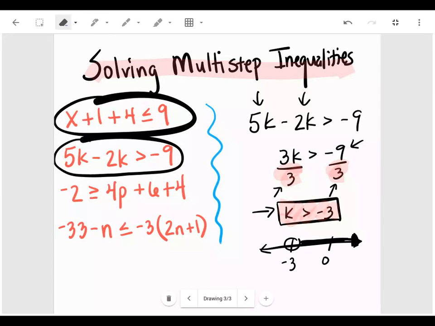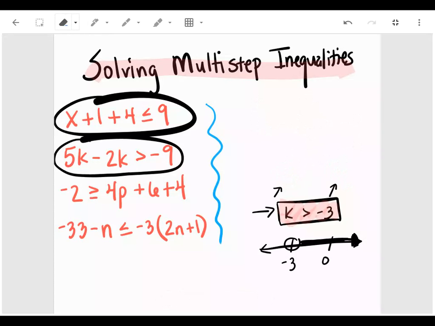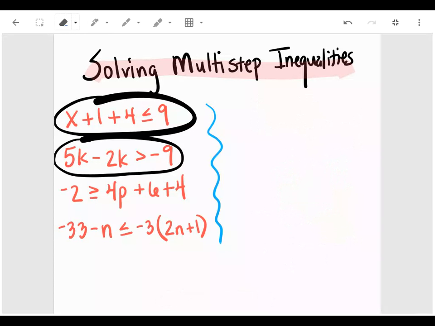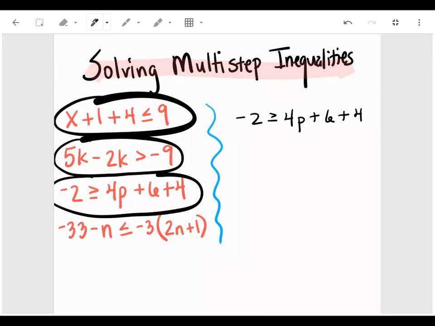Those first two really aren't that bad, but then we start to move into some that require a little more work and definitely more care to make sure that we don't make mistakes. So moving right along to the third one, we have negative 2 is greater than or equal to 4p plus 6 plus 4.